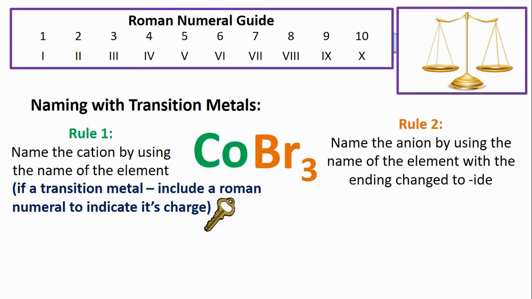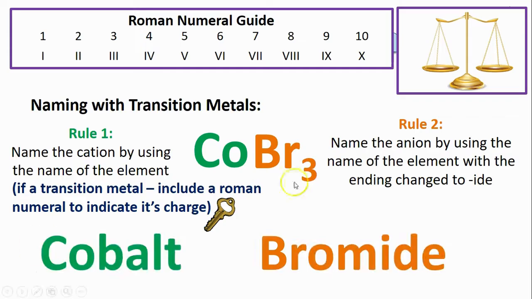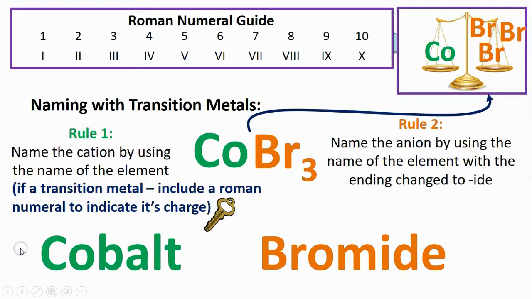Let's try and write the name for CoBr3. Remember, it starts the same. Just write the name of each, changing the ending of the nonmetal to "ide," so you get cobalt bromide. A lot of times this is the final version, except cobalt is a transition metal, so I also have to include a Roman numeral. The formula has already been given, so I already know that there's 1 cobalt and 3 bromides.